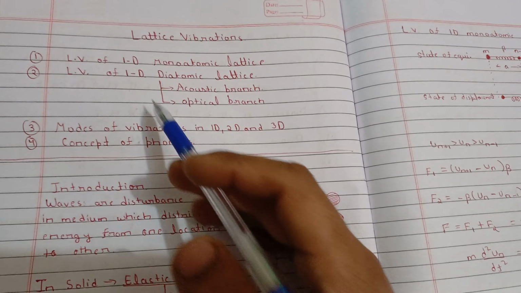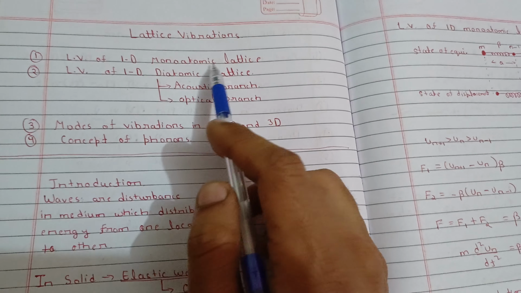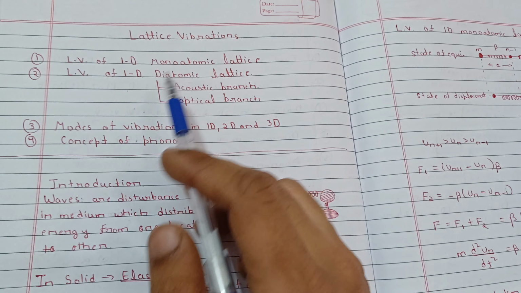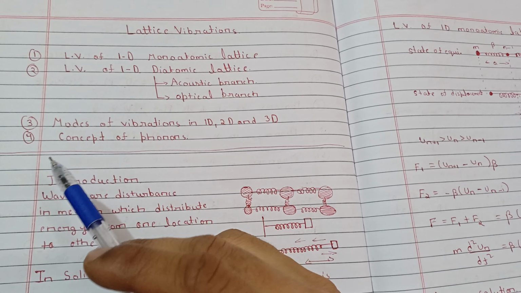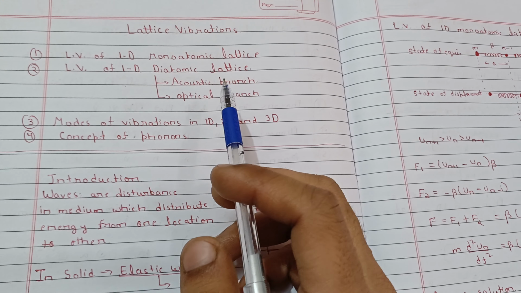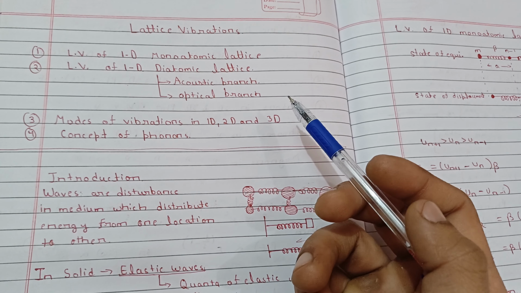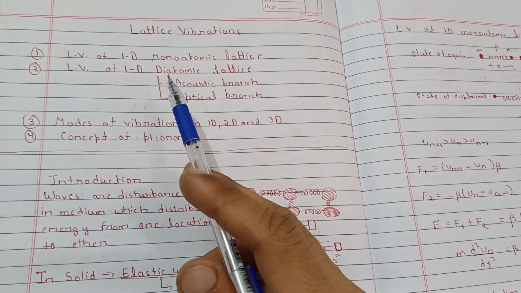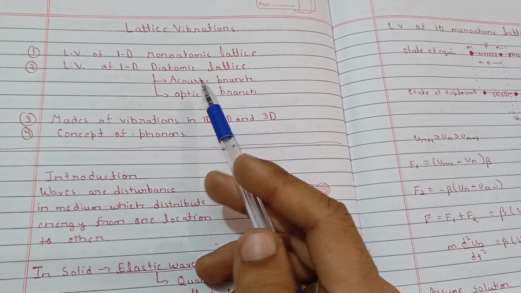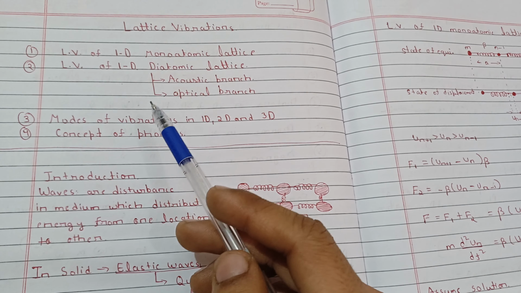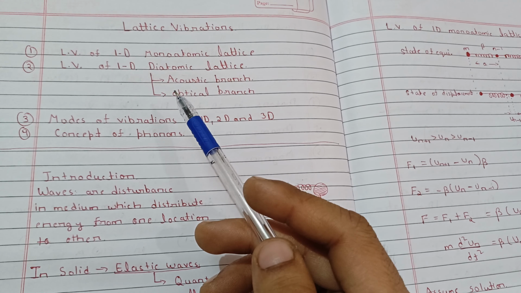Okay, so what is this thing? In this 1D monoatomic lattice, we will study that if there are atoms in one dimension and they are vibrating and they are monoatomic, meaning they are just single atoms of any metal, it can be possible. So their vibration we will study. And then if it is diatomic, meaning oxygen is not, it's a gas.